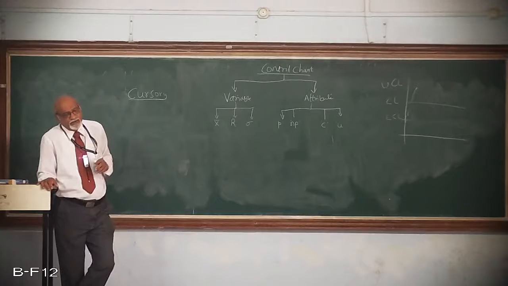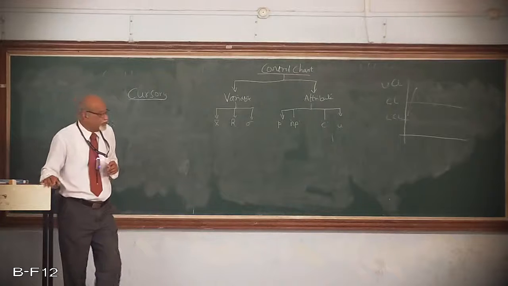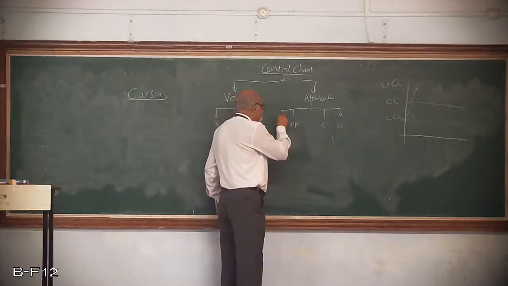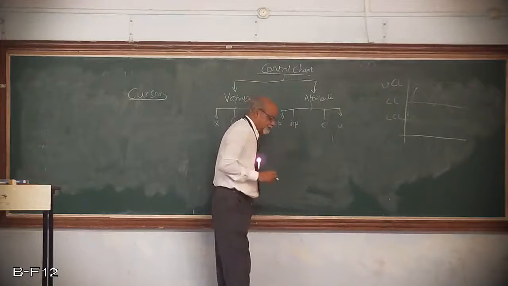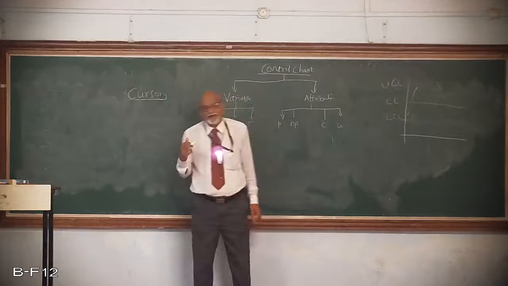Then, when the problem is given or when we want to introduce these things, which control chart for attribute is to be introduced? That is most important. Whether we are going to implement control chart, that is P type of control charts or NP type or C type or U type.